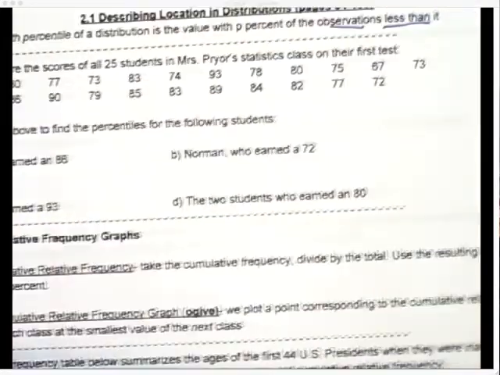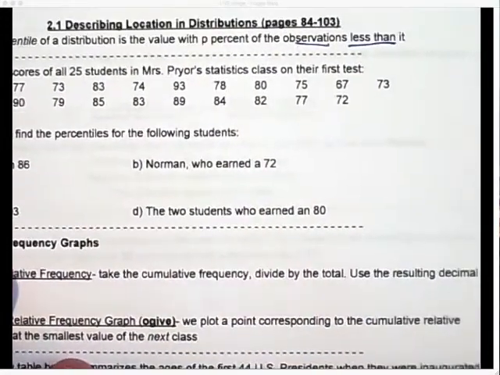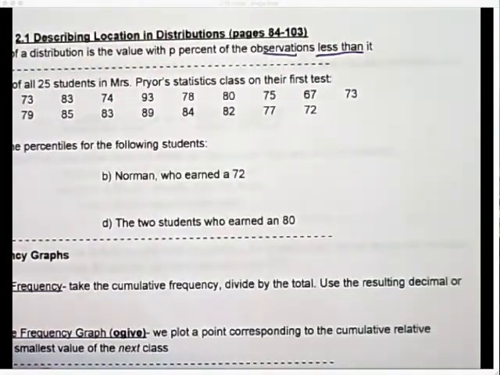So what I'm going to do here off to the side is write these data in order.